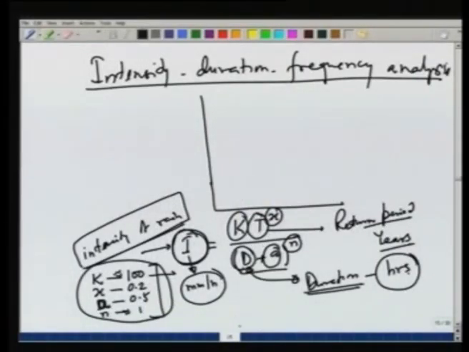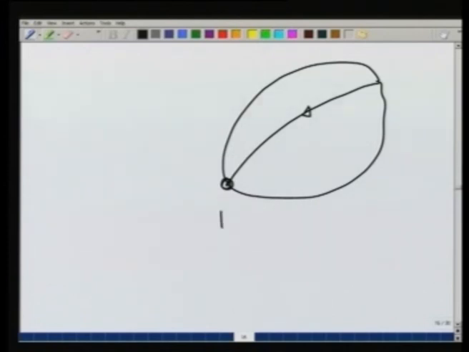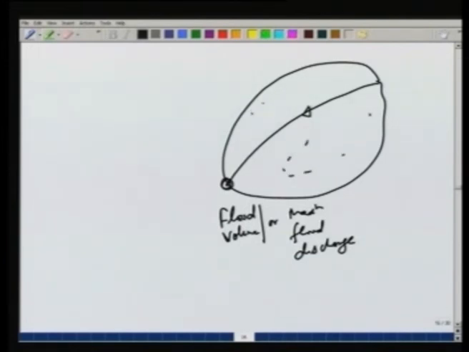For example, if there is some area and we are interested in finding out the flood here, flood volume or maximum flood discharge. Typically what we would like to do is have a storm over this area which will cause the maximum runoff at this point.